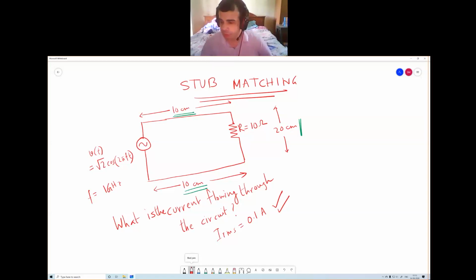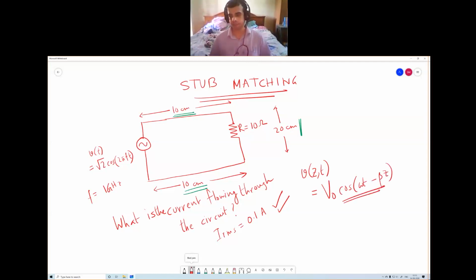Actually, the basic wave equation, what you have seen in your higher secondary school or in your basic physics class, is V(z,t) equal to some V naught cos of omega t minus beta z. Right? This equation you have seen.